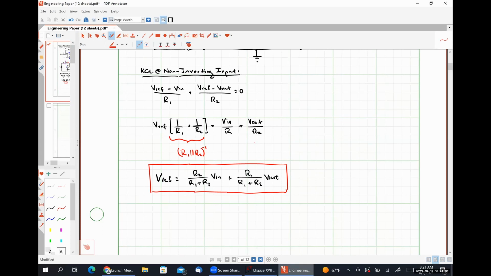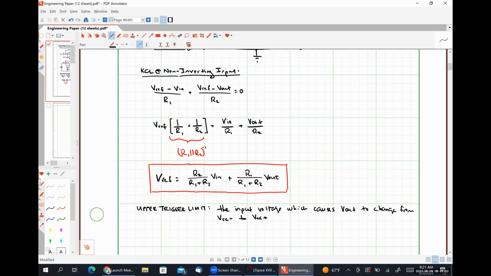We are going to have an upper trigger limit, and our upper trigger limit is defined as the input voltage which causes Vout to change from VCC minus to VCC plus, right?